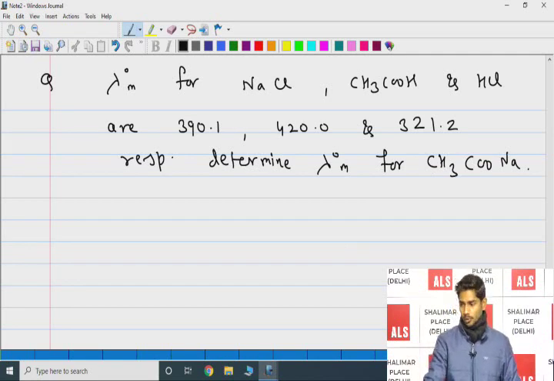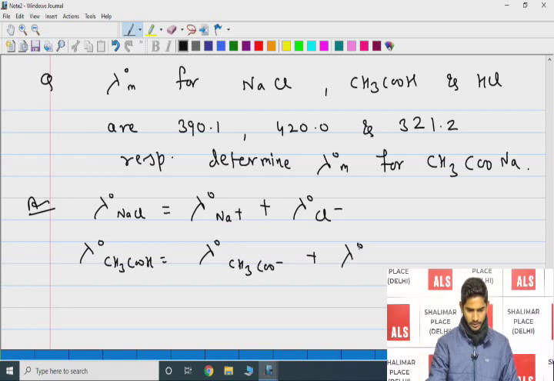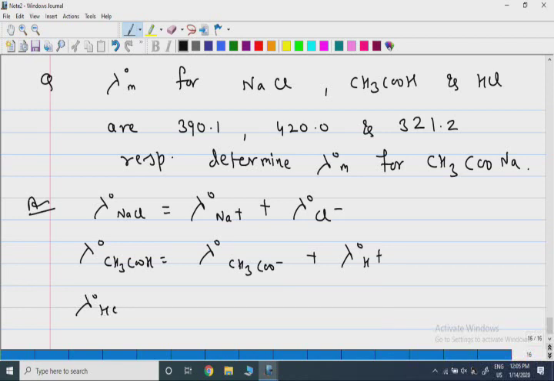Guys, now stop writing it. Just look at your screen. It's a very simple question, just a rearrangement type of question. First of all, let's write the lambda naught m for the NaCl. This should be the Na plus and Cl minus. Then we have the CH3COOH. I can say it should be the CH3CO minus plus H positive. Then we have HCl.